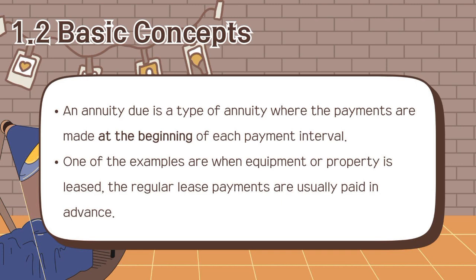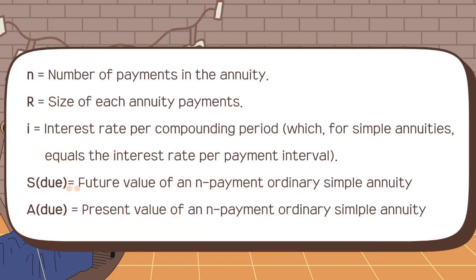One of the examples is when equipment or property is leased, the regular lease payments are usually paid in advance. Now, these are the variables that we will use as mathematical treatment in annuity due. We have n, the number of payments in the annuity, R, the size of each annuity payment, and i, our interest rate, and S due is the future value of n payments, and A due is the present value of n payments.